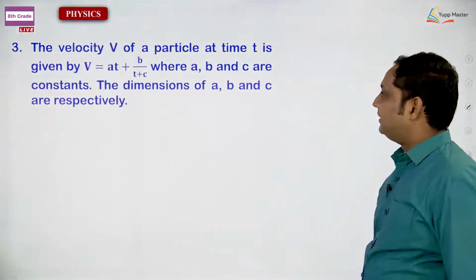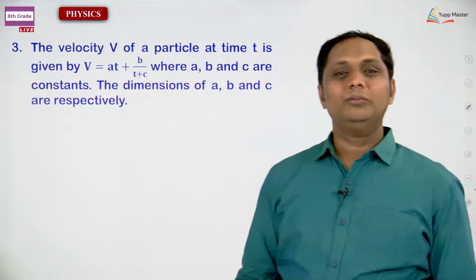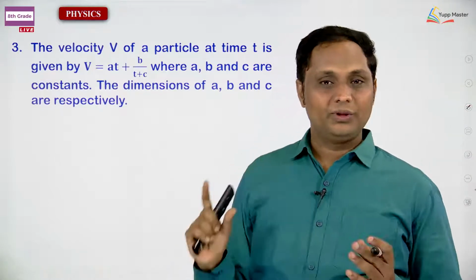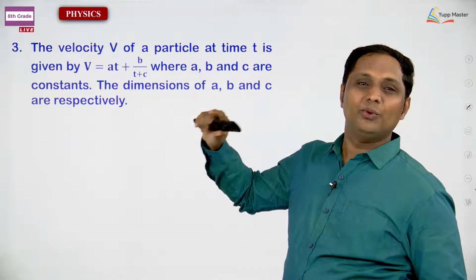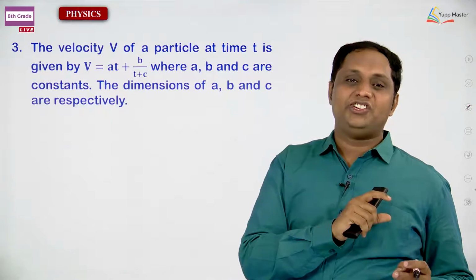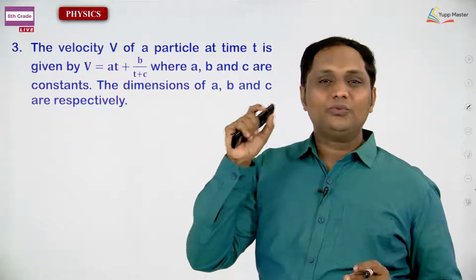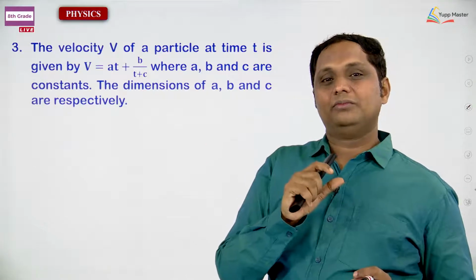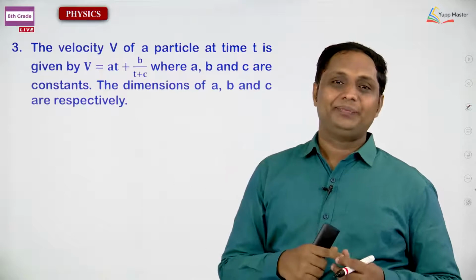Let us go for one, a very simple problem based on the principle of homogeneity. Left hand side and right hand side are going to be compared; both must have the same nature. If they are the same kind of physical quantity, then only is it possible to add.